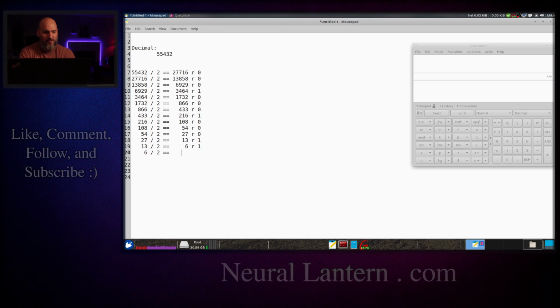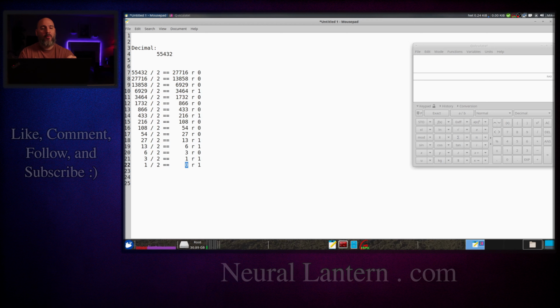That's just going to be 3, remainder 0. And then 3 divided by 2 is going to be 1, because only one of the 2's can fit there, and then remainder 1. And then we have 1 left over, so we'll say 1 divided by 2. We can't fit any 2's into the 1, so it's going to be 0 remainder 1.